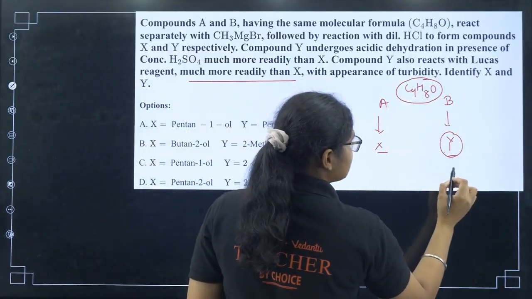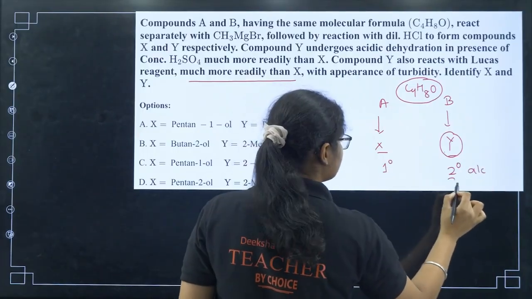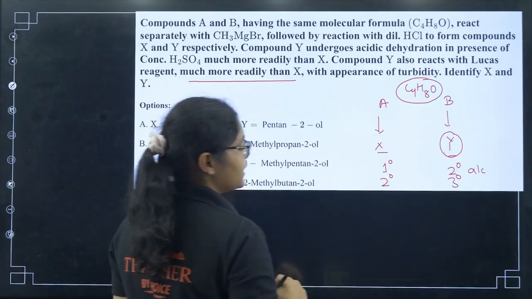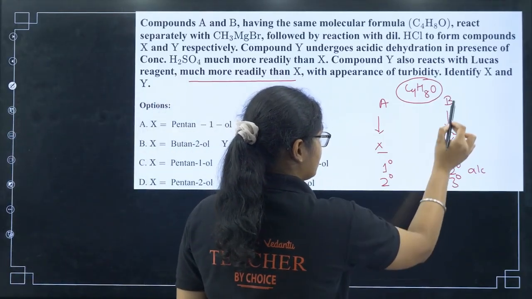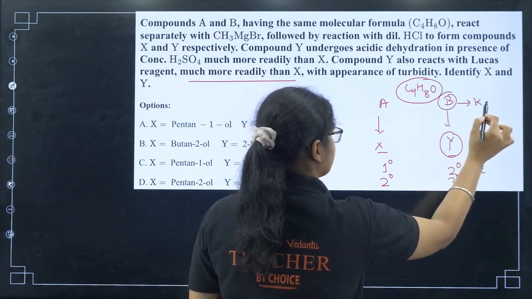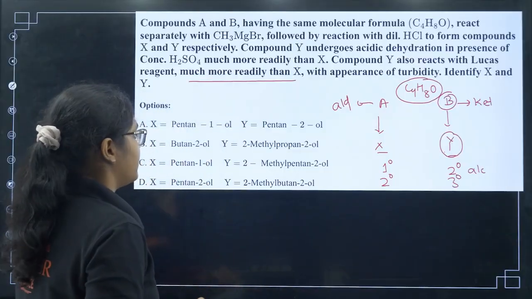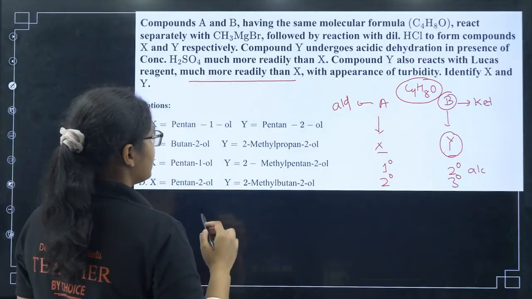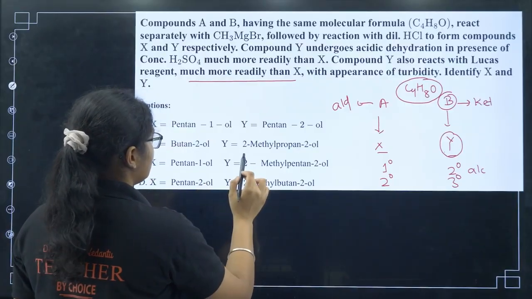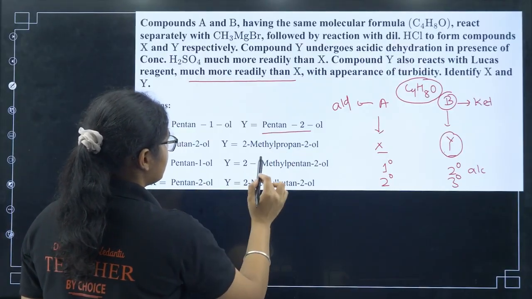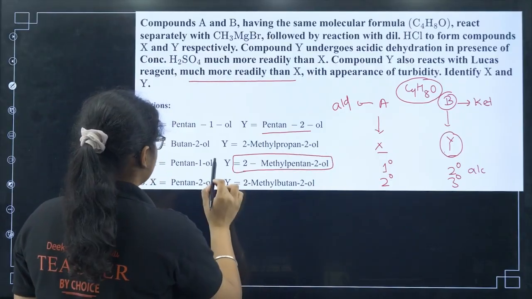That means Y must be a secondary alcohol and X must be a primary alcohol, or Y must be a tertiary alcohol and X must be a secondary alcohol, right? If a tertiary alcohol is forming, then B must be a ketone and A must be an aldehyde. So identify X and Y. We need a tertiary alcohol in case of B, so sorry, Y. So I have here 2-methylpentan-2-ol. For X I need a secondary alcohol.